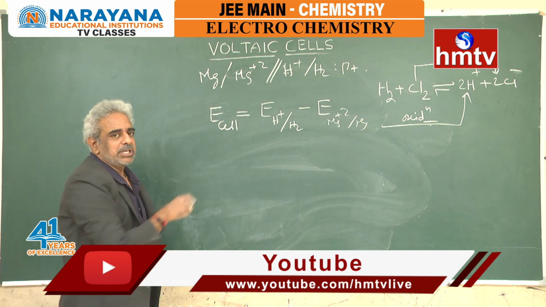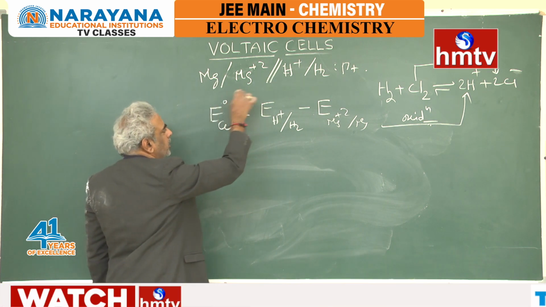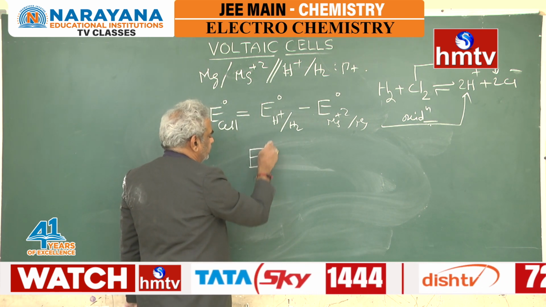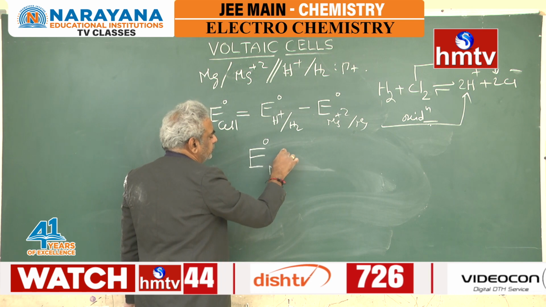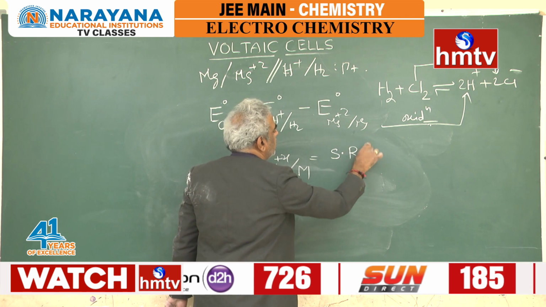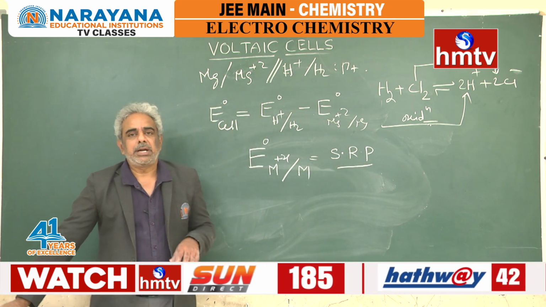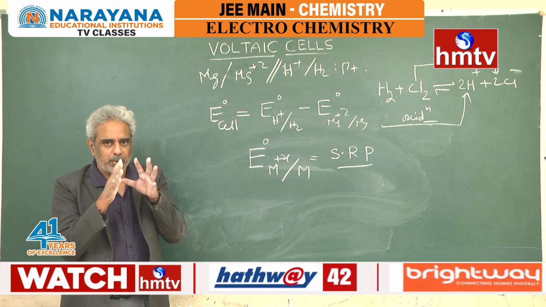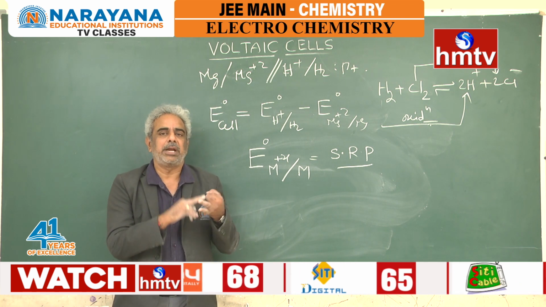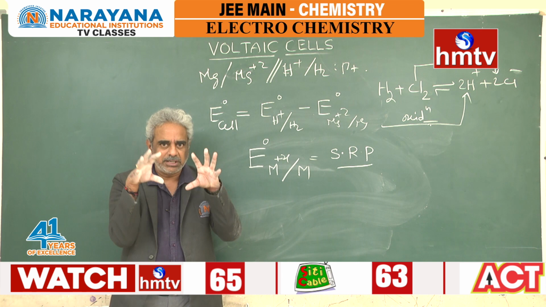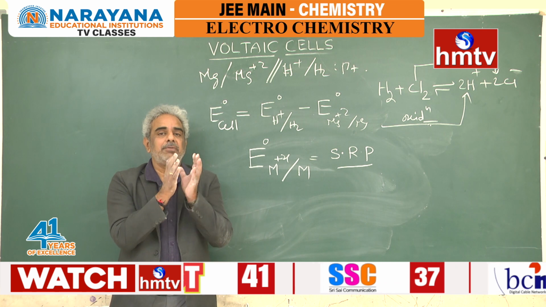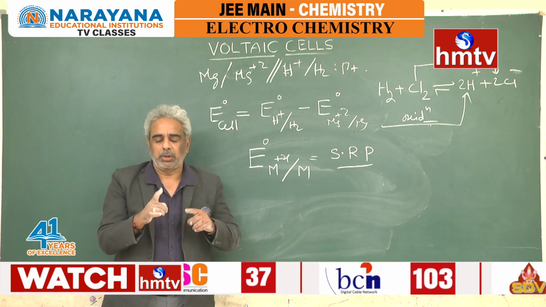If all of the species are in their standard conditions, we keep a naught. Once we keep that naught, E naught of some metal ion slash metal is called the standard reduction potential. So, standard reduction potentials are defined at 1 M concentration, 25 degrees centigrade, 1 atmosphere pressure of all the chemical species present in a half cell, obtained with reference to the standard hydrogen electrode.